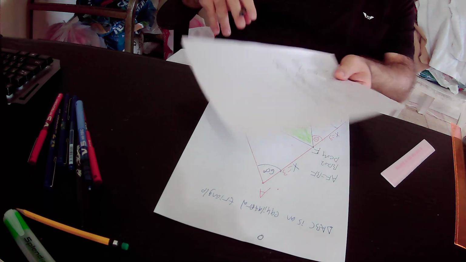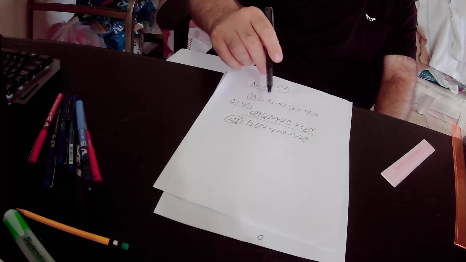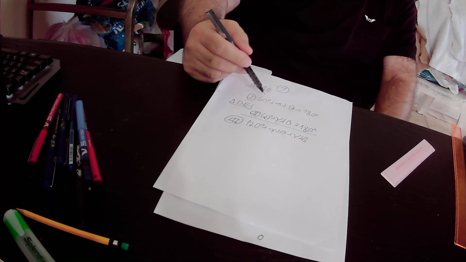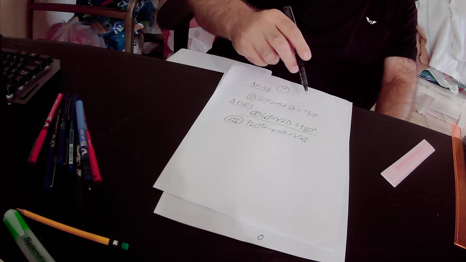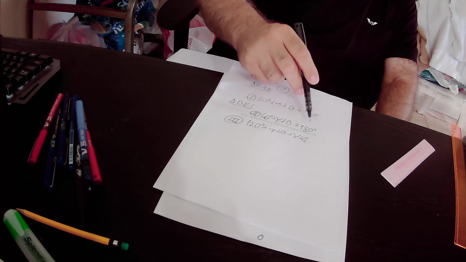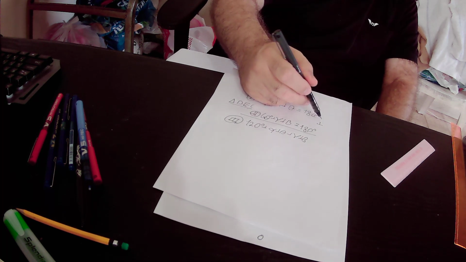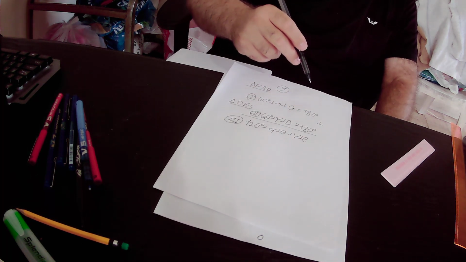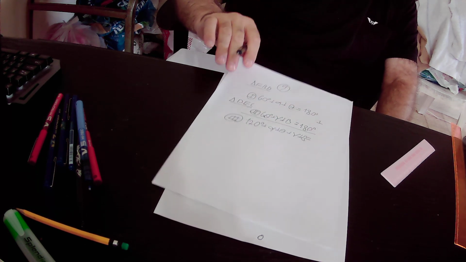Okay, so this is actually the addition of equation number 1 to equation number 2 on this side of the equation, and on the other side of equations number 1 and 2, we have 180 degrees plus 180 degrees, which equals 360 degrees.